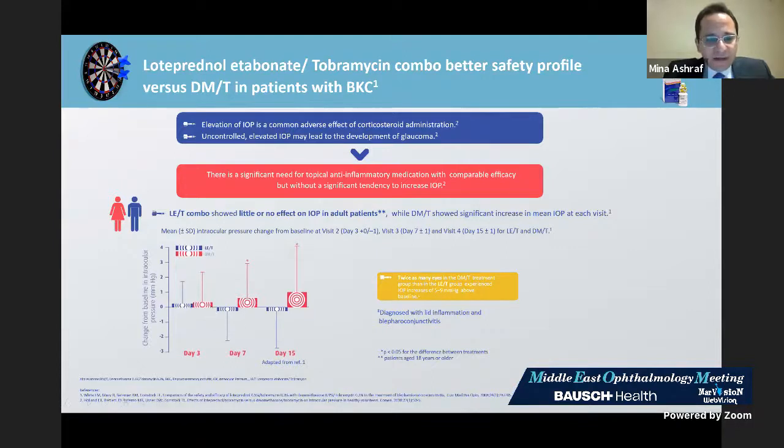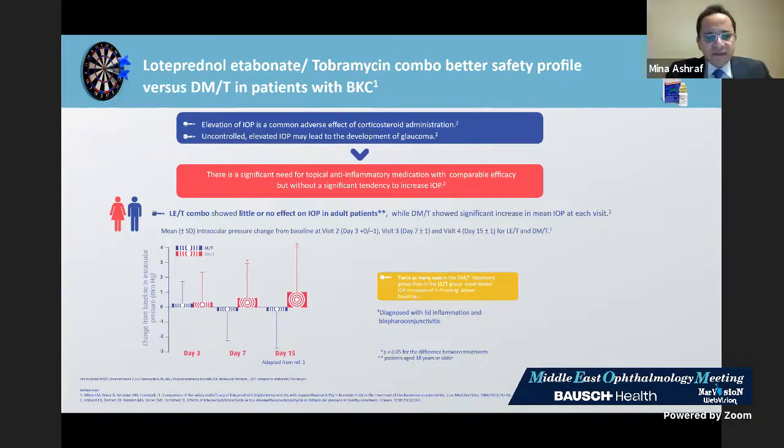And we can see here that with every visit, day 3, 7, and 15, there was an increase in the change from baseline in intraocular pressure with the dexamethasone tobramycin group compared to no changes in the Xylet group. And we see also that twice as many eyes in the dexamethasone tobramycin treatment group than in the Xylet group experienced an IOP increase of 5 to 9 millimeters mercury over baseline.